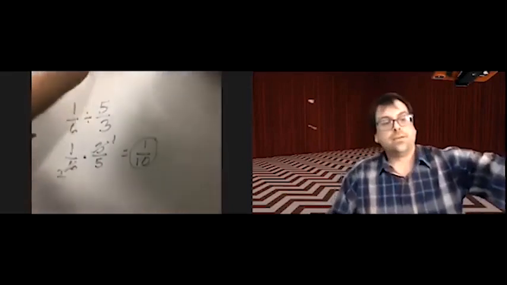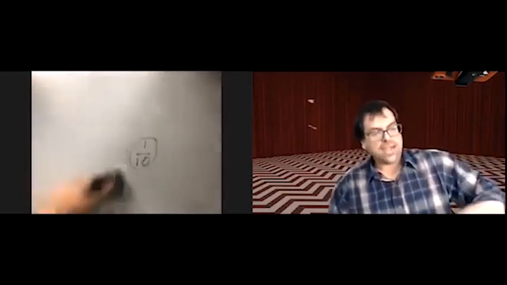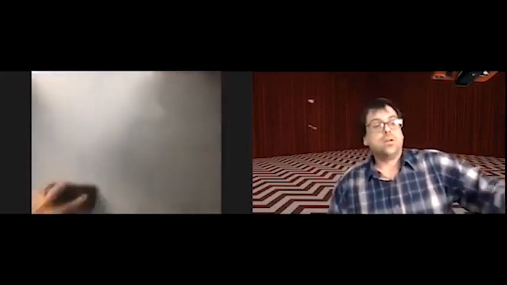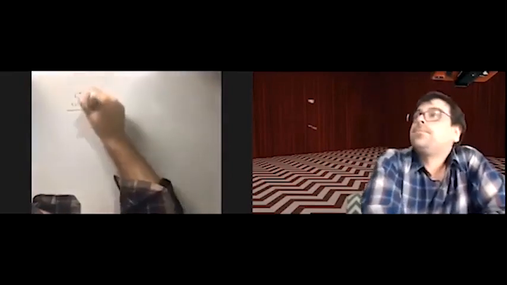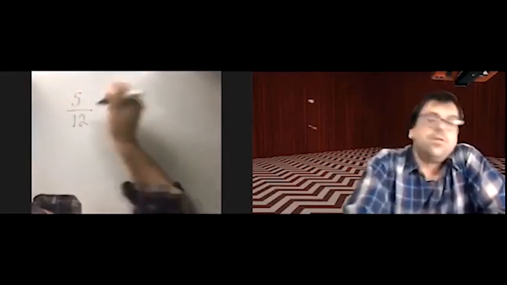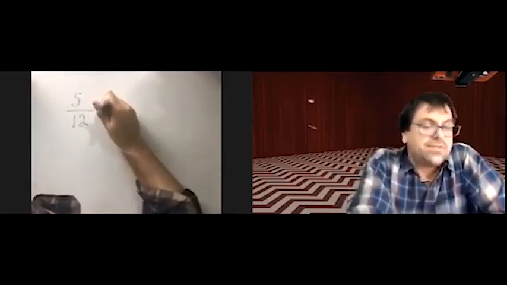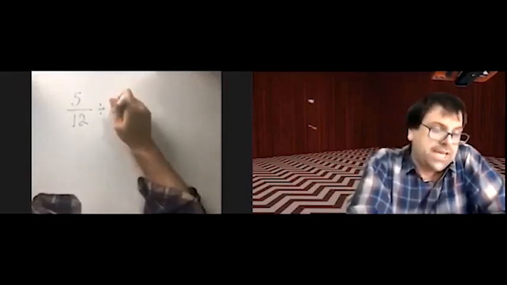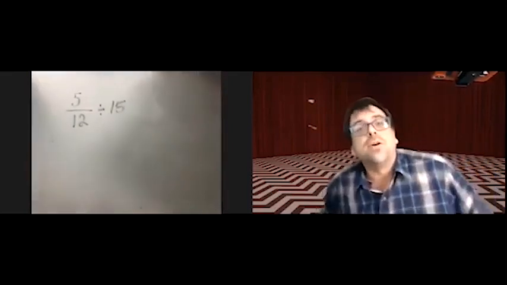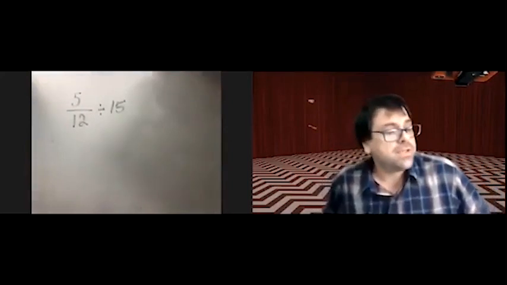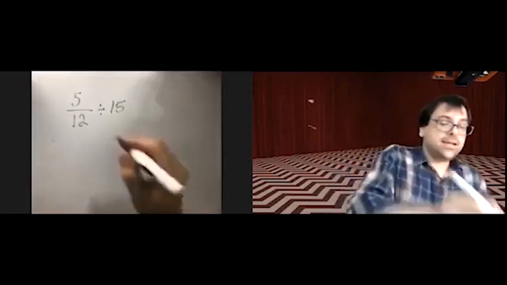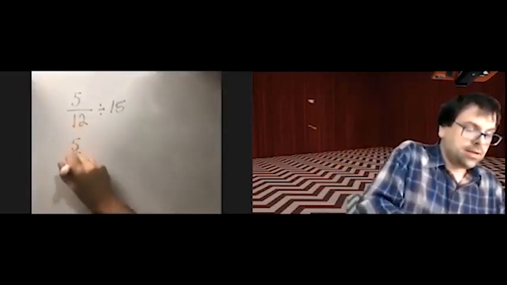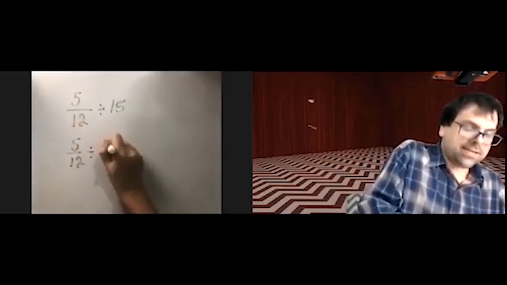Let's go ahead. There'll be more practice with this in the homework. But let's go ahead and bring in dividing by whole numbers. 5/12 divided by 15. So remember, when we were doing our multiplication problems and we had a whole number pop up, we had to write it as itself over 1.